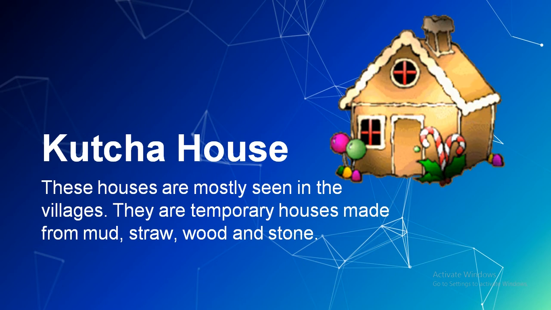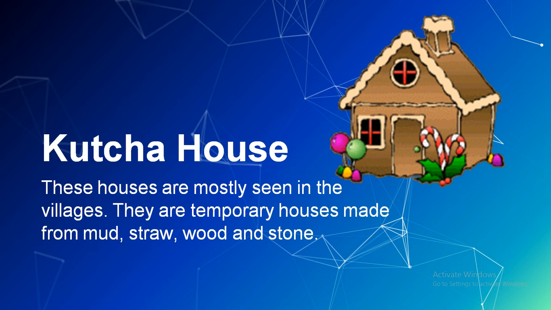Like here in our area, if we go to the village side, we can still find these kacha houses. This type of house is called a temporary house because it won't last for many years, isn't it? Like a pakka house, which may have a long life. But the kacha house doesn't have that.